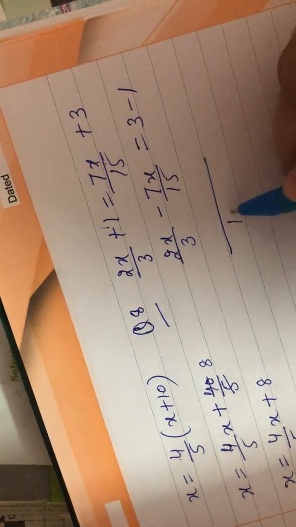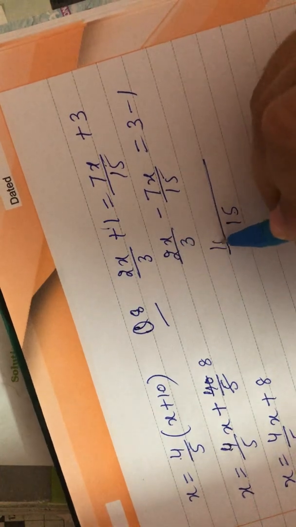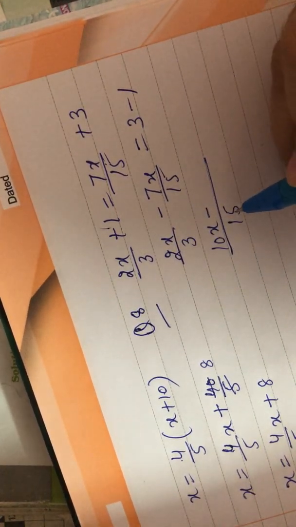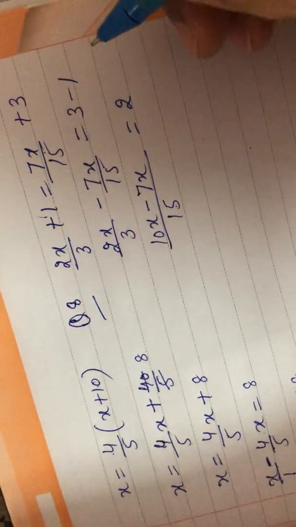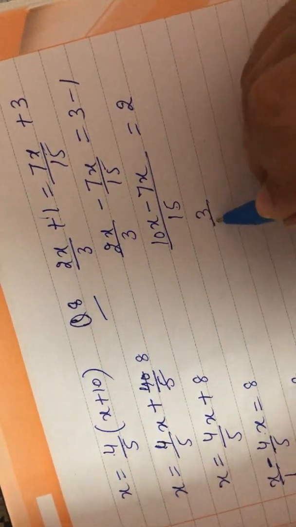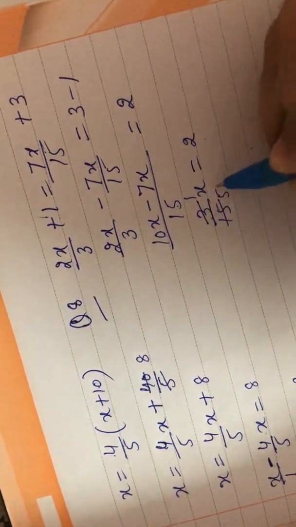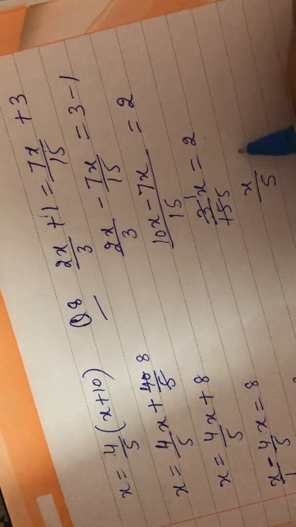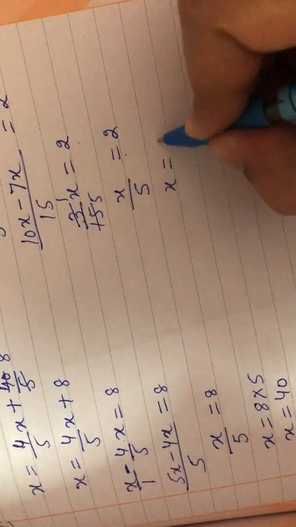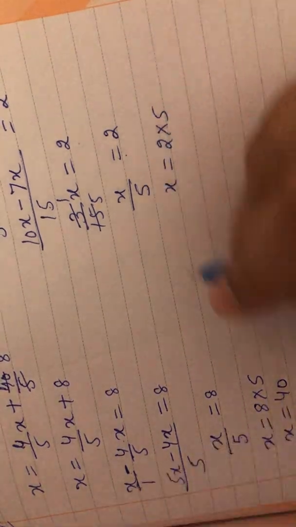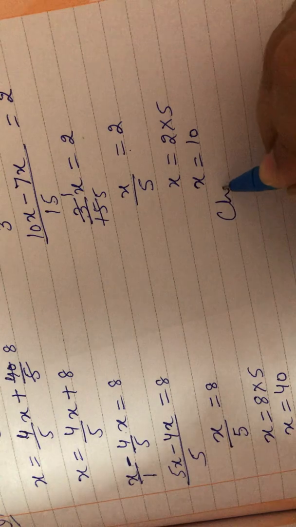LCM of 3 and 15 is 15. 15 divided by 3 is 5, and 5 into 2x is 10x. 15 divided by 15 is 1, and 1 into 7x is 7x, and 3 minus 1 is 2. So this becomes 3 upon 15 x is equal to 2. I can cancel it out. It becomes x upon 5 equal to 2. Now this 5 will go to the right side and it will multiply, because 5 is dividing here. So x is 10.